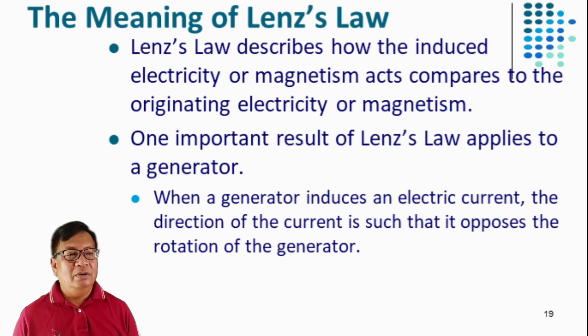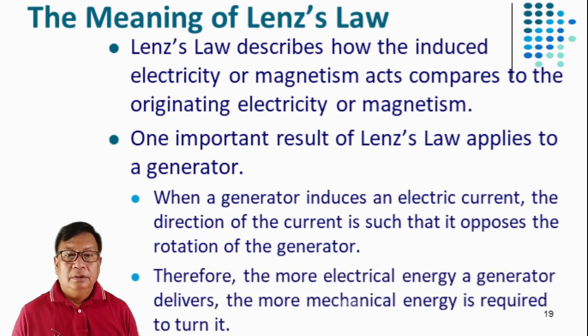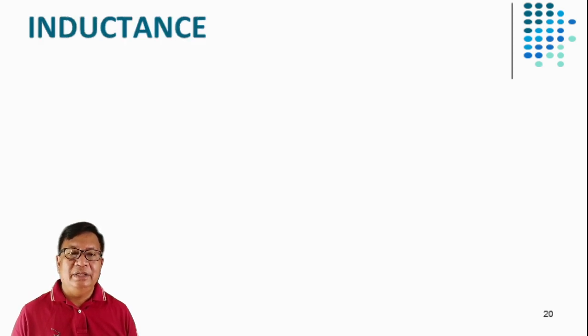Okay, so this is what will happen. Therefore, the more electrical energy a generator delivers, the more mechanical energy is required to turn it. So we need a greater value of mechanical energy if we need to produce more electrical energy.